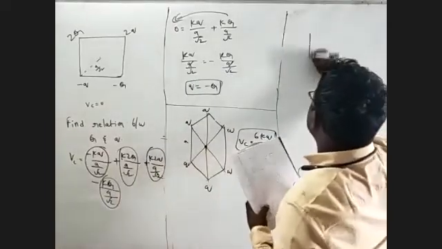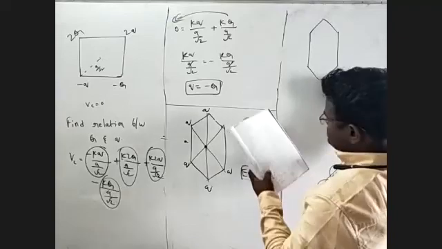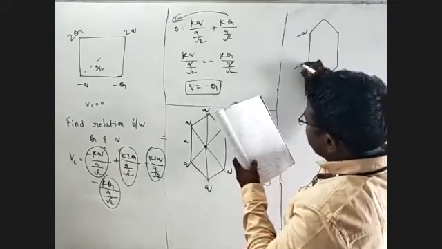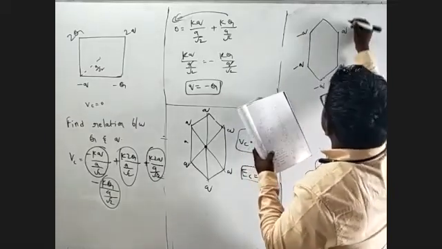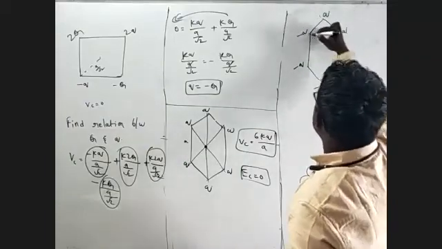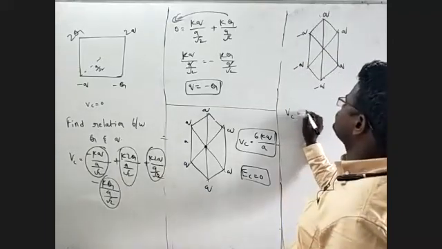This is another form, with minus q, minus q, minus q, and plus q, plus q, plus q. 3 charges are positive and 3 charges are negative. The electric potential at the center point is 0.